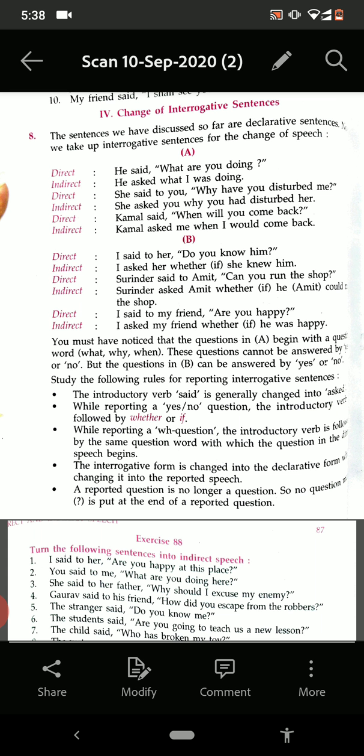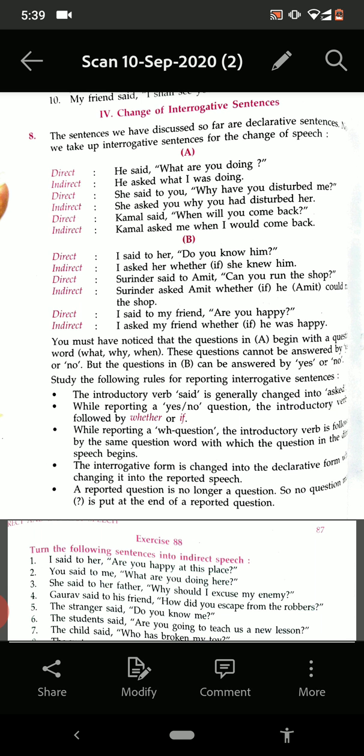And for the last 2 days we have discussed the change of tense and change of personal pronoun and its possessive adjective. And there were declarative sentences also, you can say assertive sentences. So today we are going to discuss the interrogative sentences, means questions.